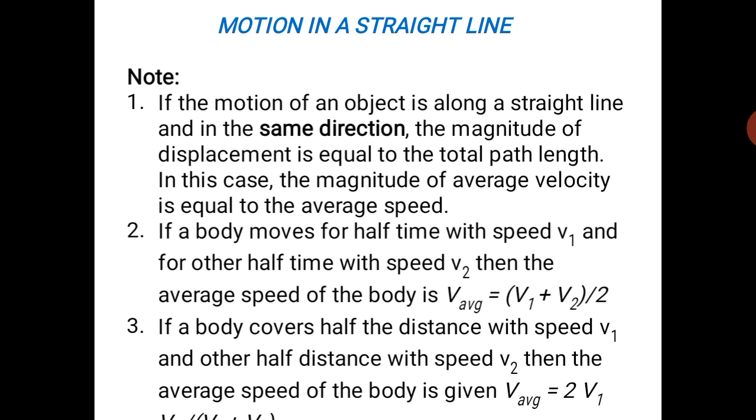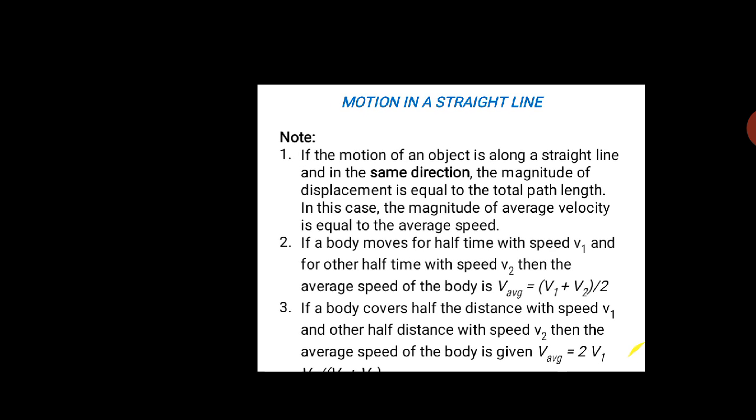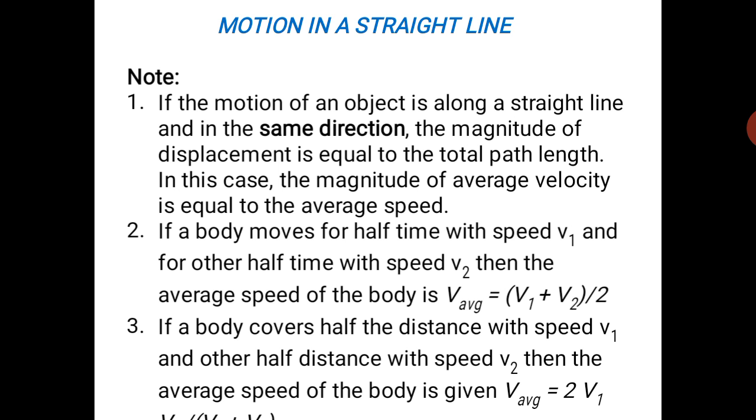And one more important thing: if the body covers half of the distance with speed v1 and the other half of the distance with speed v2, then the average speed of the body is given by v average equals 2 v1 v2 divided by (v1 plus v2). Note that v average equals 2 v1 v2 divided by v1 plus v2.